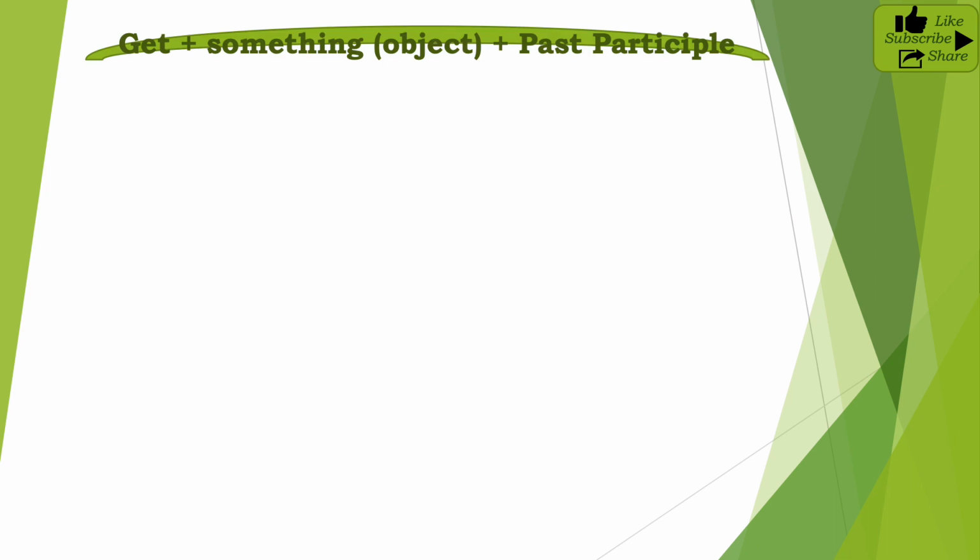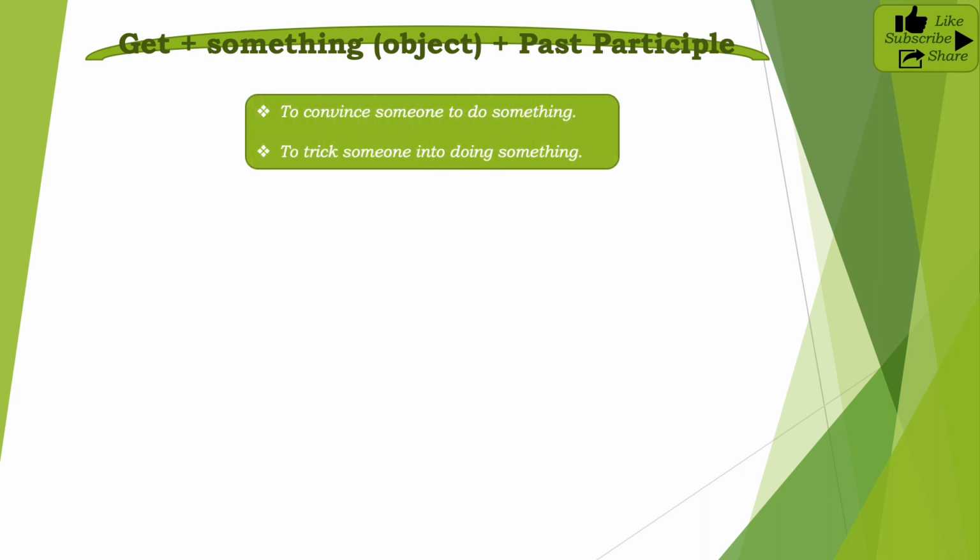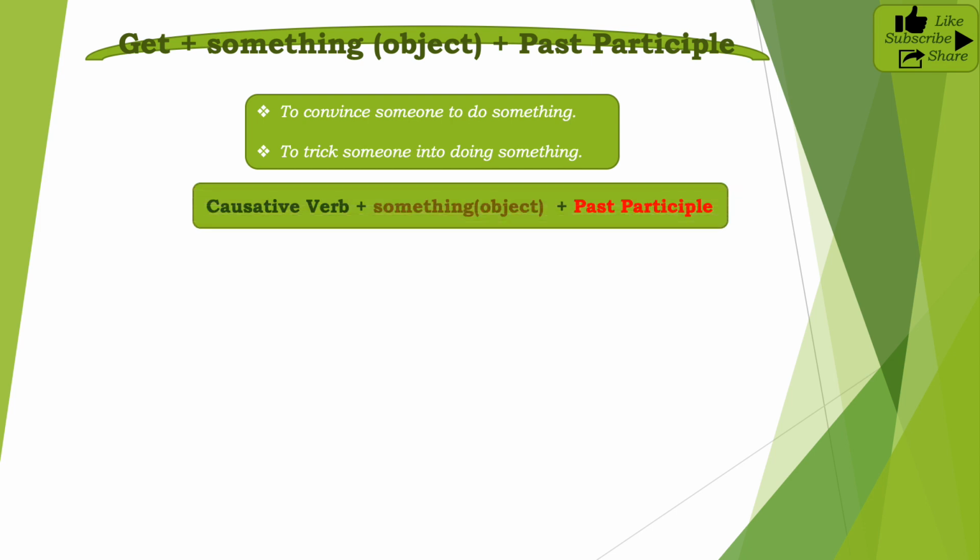Let's discuss the causative verb get according to the structure number 2. Get, something, object, plus past participle, means third form of verb. We use causative verb get when we convince someone to do something for us, or when we trick someone into doing something. Let's have a look at the structure.